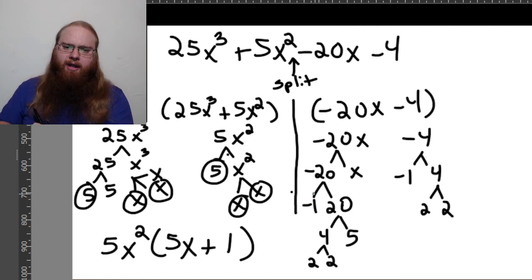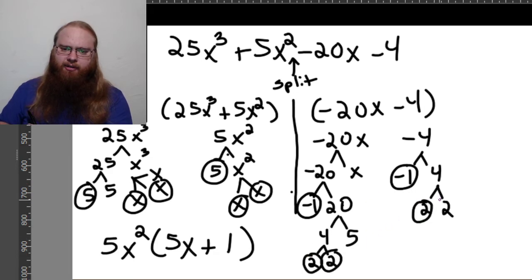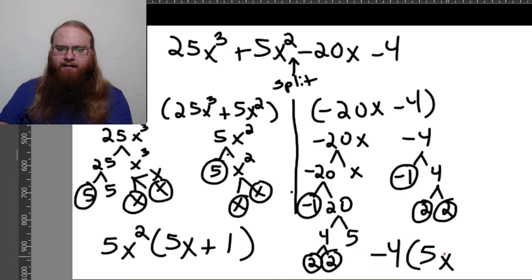Now, they have a negative 1 in common, they have a 2 in common, they have another 2 in common, and they don't have any x's in common because negative 4 didn't have any variables. So our greatest common factor will be negative 1 times 2 times 2, which is negative 4. What we have left over is a 5 and an x, so we're going to have a 5x. And over here we factored everything out again, so we're going to be left with a 1.